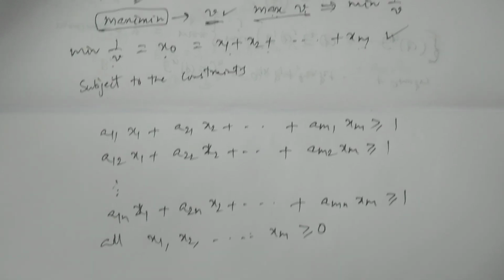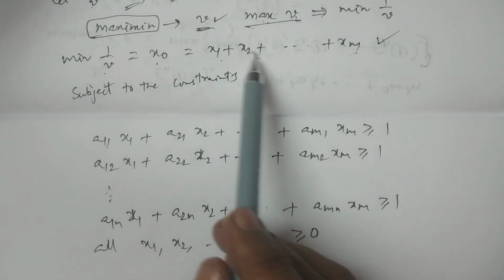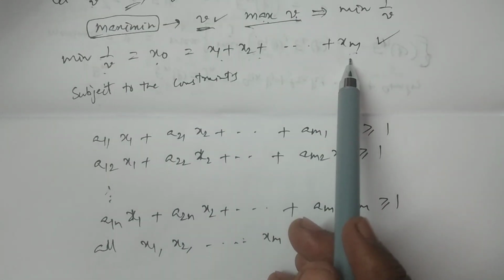So this is the conversion of the game problem into a linear programming problem, where x0 is 1 by mu, x1 is p1 by mu, x2 is p2 by mu, and xm is pm by mu.